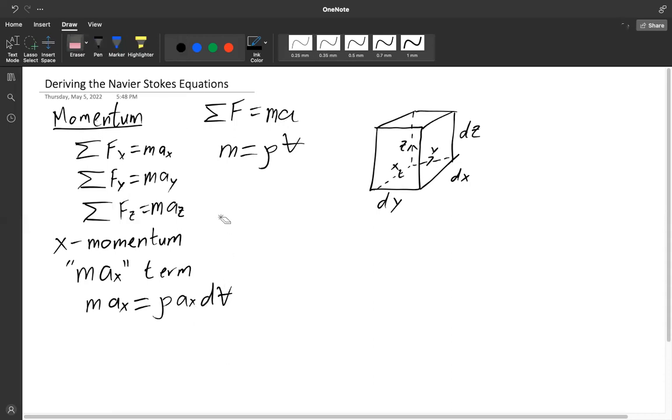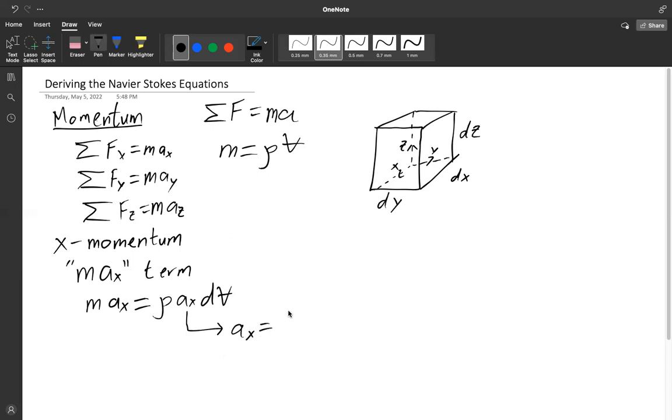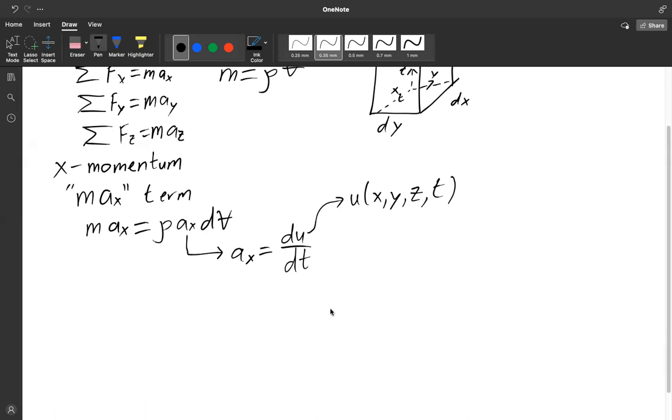Taking a look at the ax term, ax equals du dt. However, u is a function of x, y, z, and t. Therefore, we would need to use the chain rule to break this derivative apart.